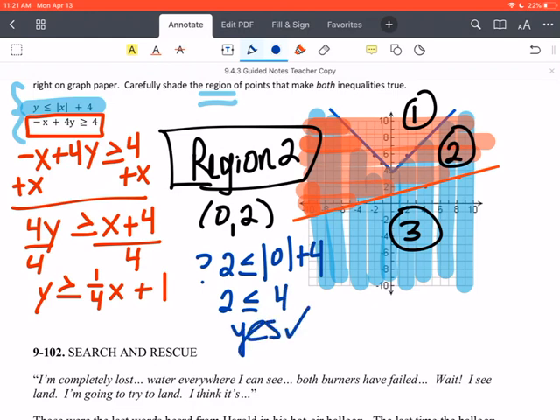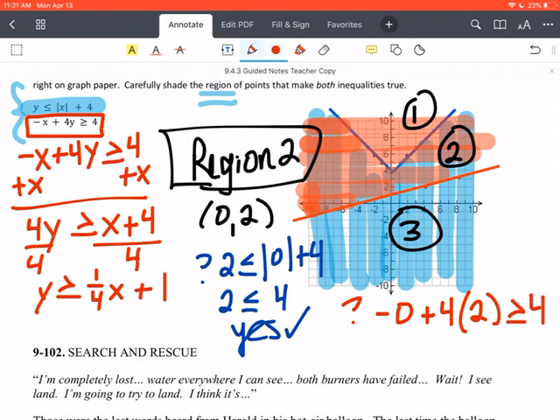Yes, it is. And then let's check that second inequality, and let's use the original in case we made a mistake on our algebra along the way. So is negative 0 plus 4 times y, which is 2, greater than or equal to 4?